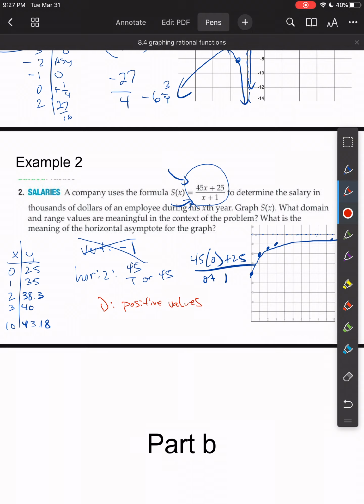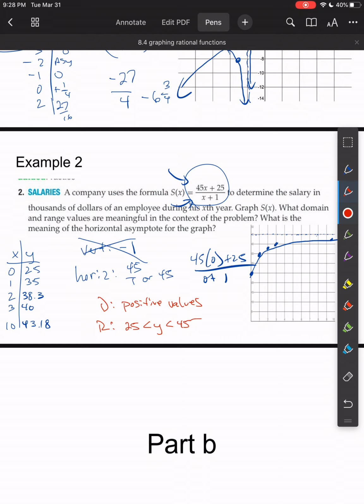You could say something like positive values less than 50, because who really works longer than 50 years at a place? But don't worry about it. Just say positive values. Then for the range, at year 0 you're starting at 25, and you never go beyond 45, right? So your range would be between 25 and 45.